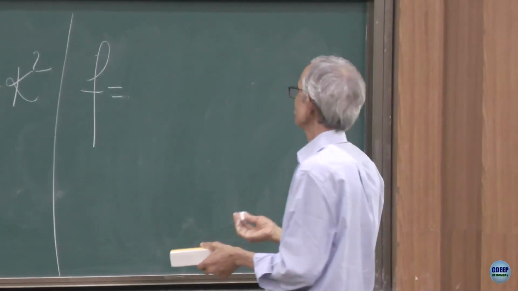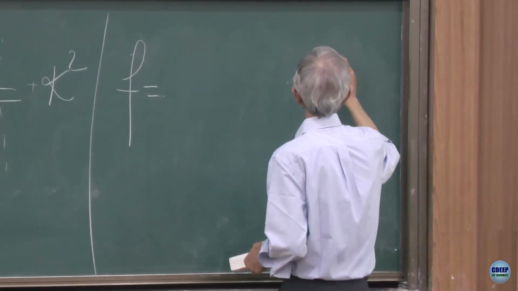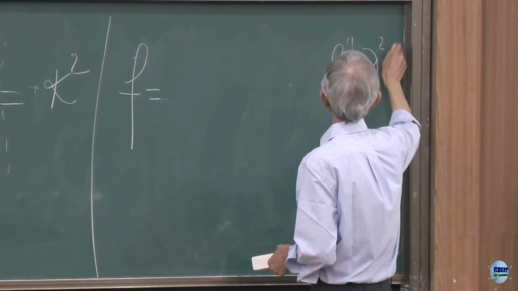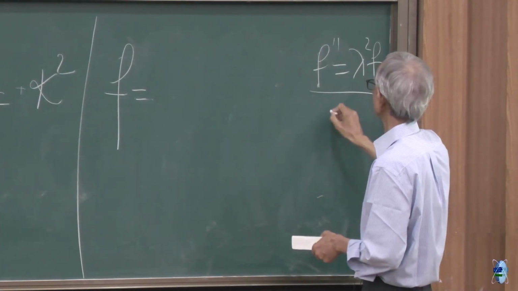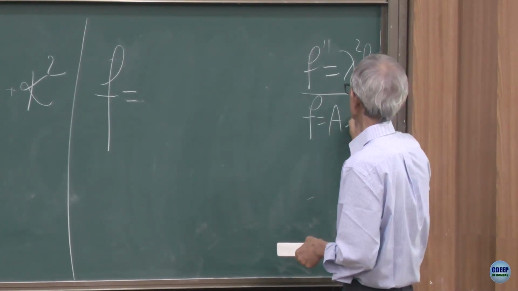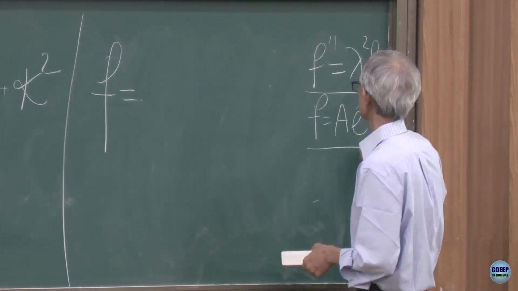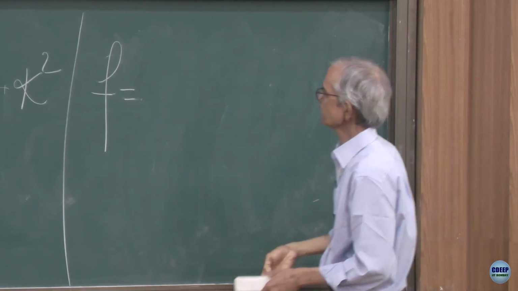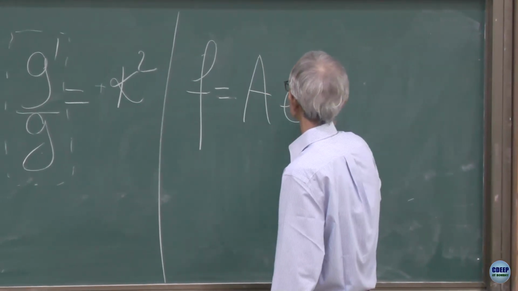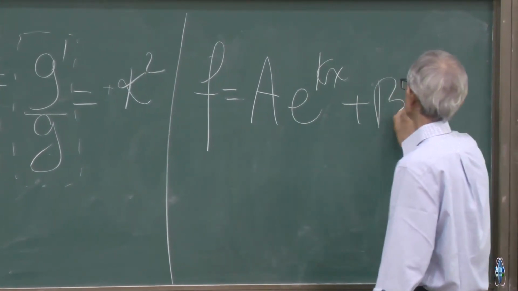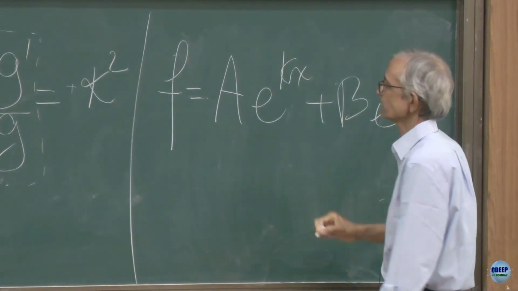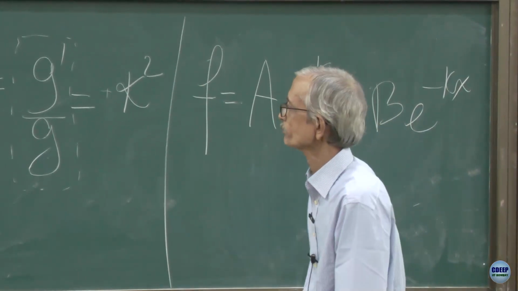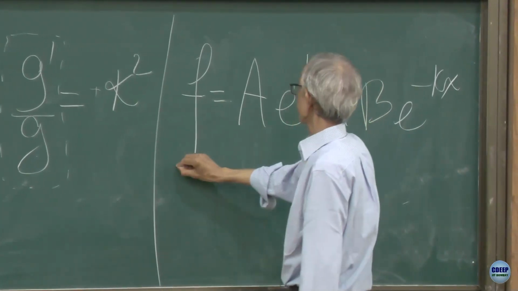Remember we said that whenever you have got this type of f double prime equal to some kind of lambda square f, we start with a e to the power of lambda x, and then you plug it in, you get the value for lambda square, and this is a e to the kx plus b e to the minus kx. So the e to the power of lambda x, e to the minus lambda x. Okay, so that's my f now.